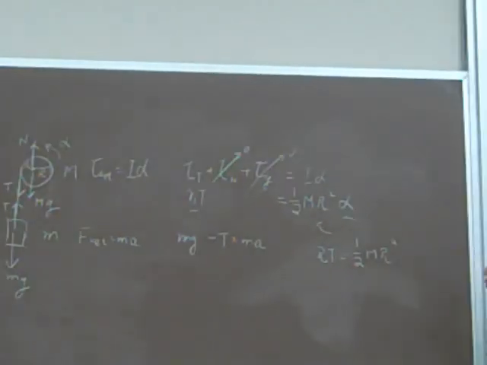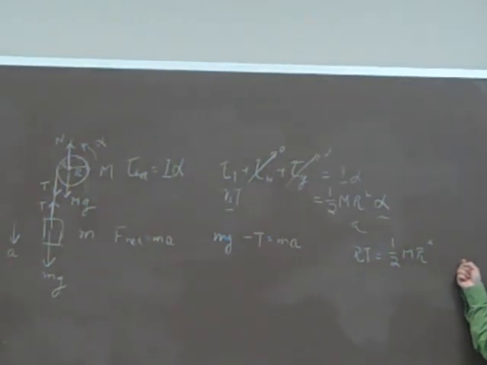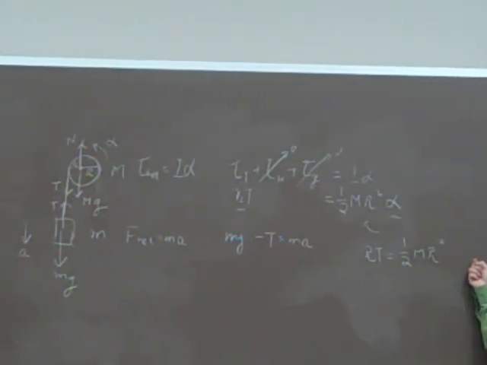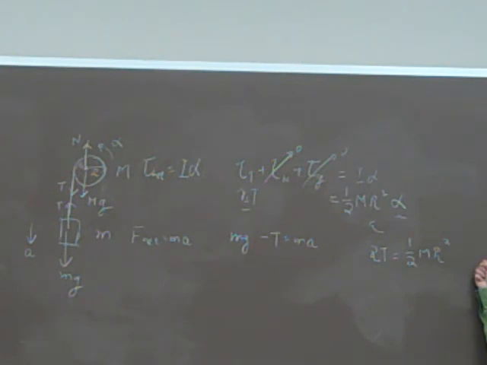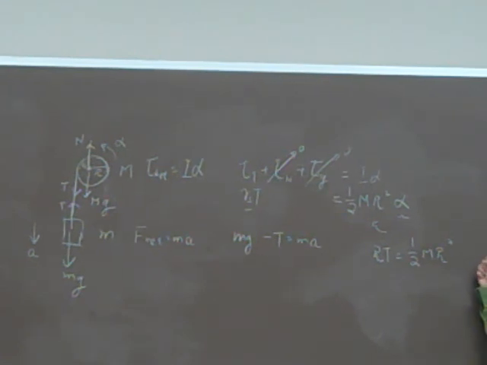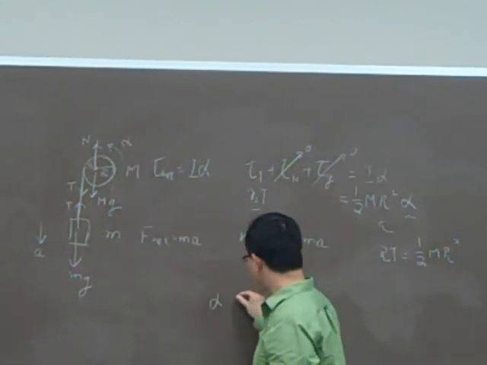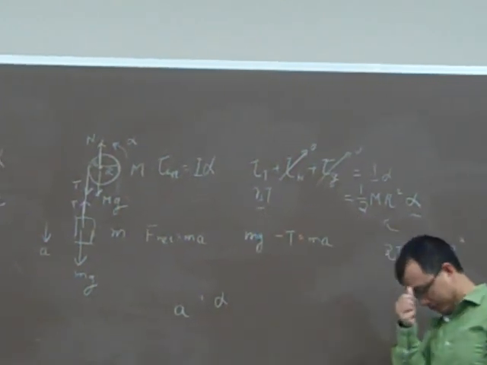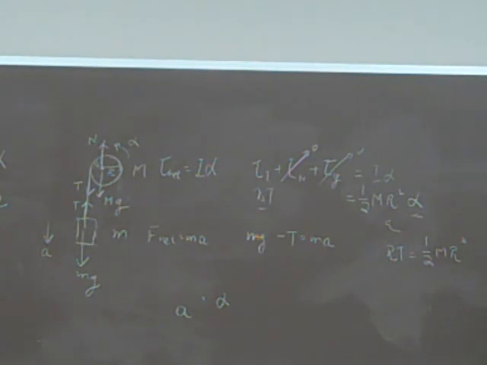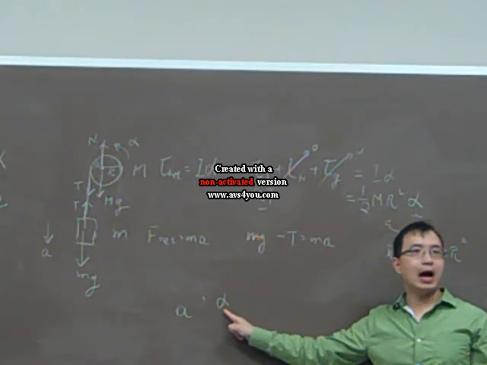Alpha is the angular acceleration. How is the angular acceleration alpha related to the linear or tangential acceleration A? What is the relationship between alpha and A? The acceleration equals alpha multiplied by R, right?